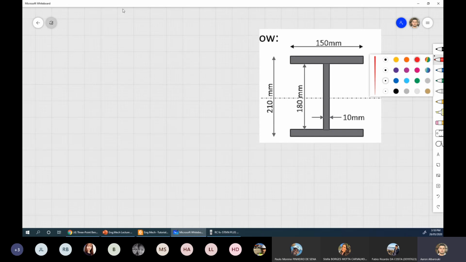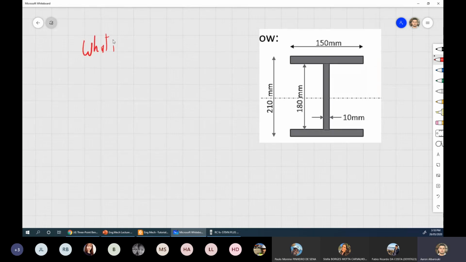I'm your client, I'm saying, all right, guys, I'm using this beam in one of my buildings. Can you please tell me what is M max? What's the maximum moment I can apply on this beam using a safety factor of 2.5? Can anyone give me a number?